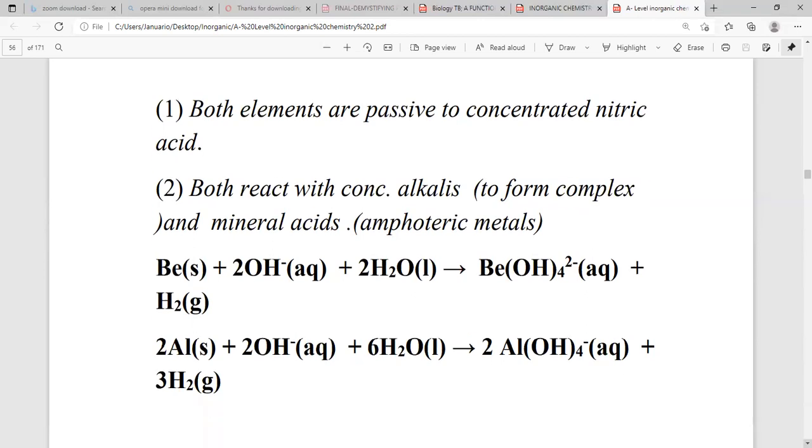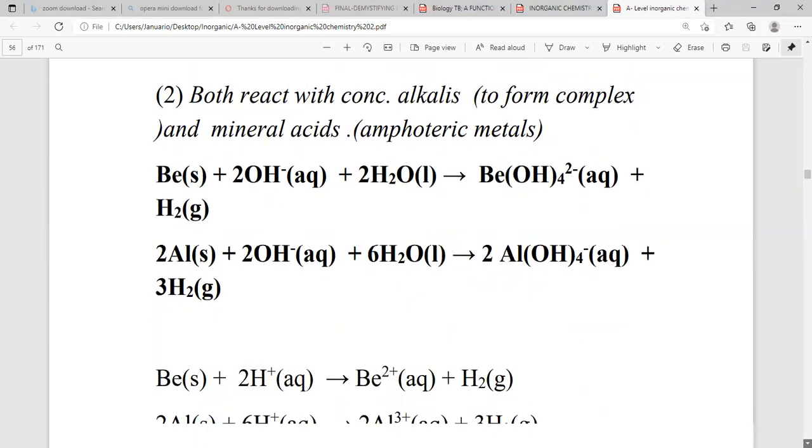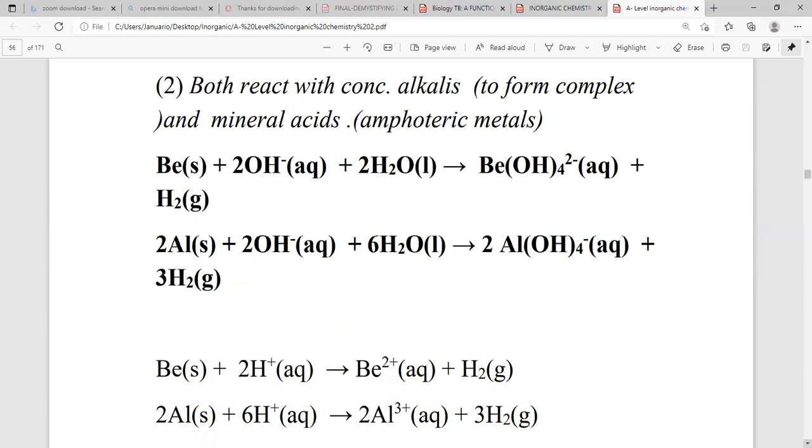When you react beryllium with a concentrated alkali, that is sodium hydroxide or potassium hydroxide, our interest is the hydroxyl ion. Writing the ionic equation, you get beryllium plus hydroxyl ions plus water. You get the tetrahydroxoberyllate ion plus hydrogen gas.